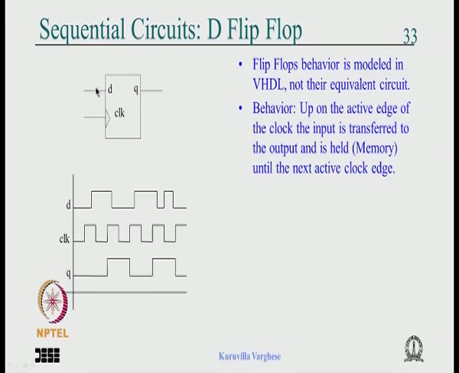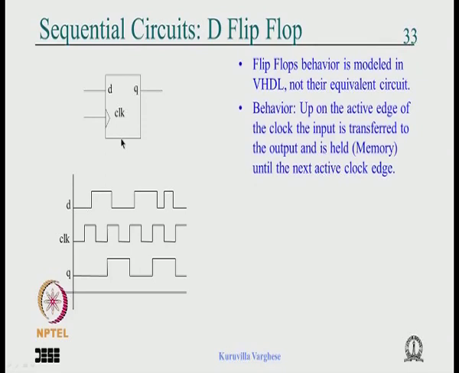But in VHDL we are not going to write the flip flop in terms of the circuit that implements the flip flop. That means we are not going to write a structural code using the gates of what is inside.